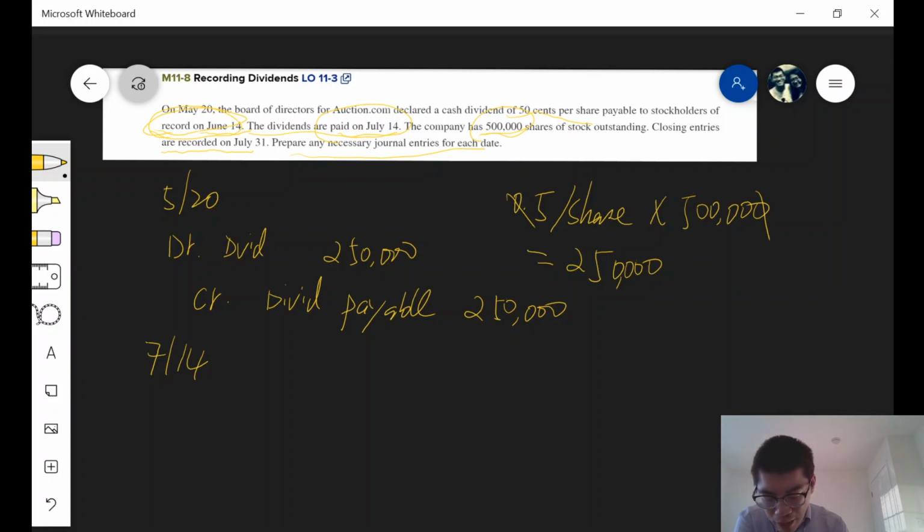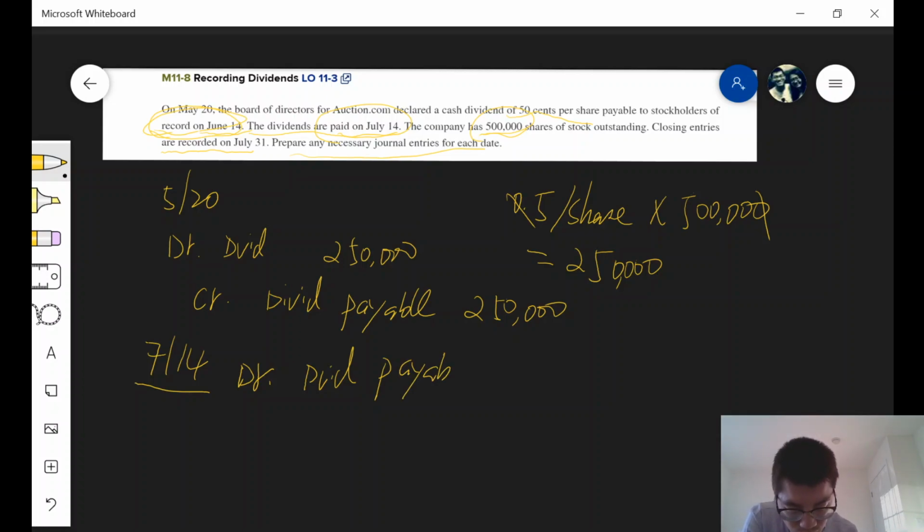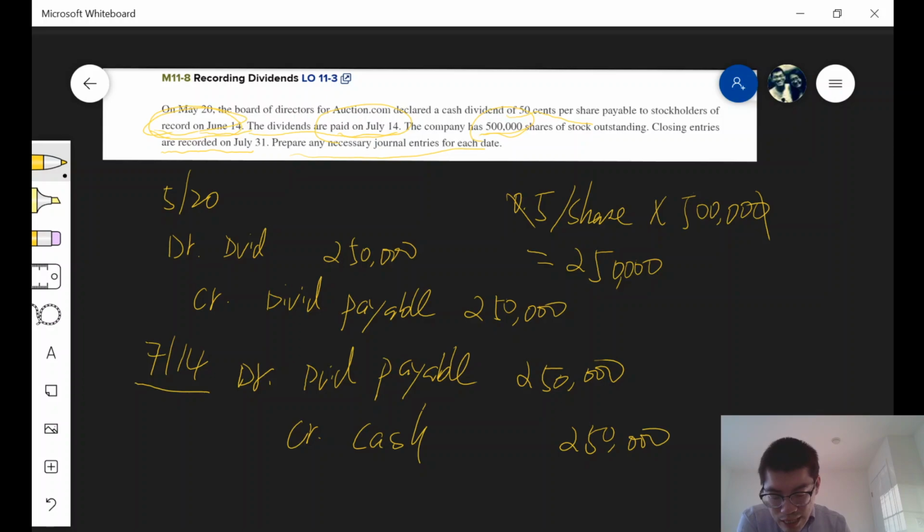But on the date of payment, we pay off this cash dividend. That decreases our liability, so dividends payable, the current liability, will decrease by $250,000, and since we paid it off by cash, the cash balance will decrease by $250,000.